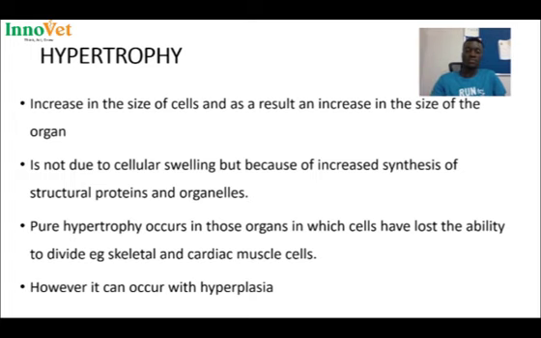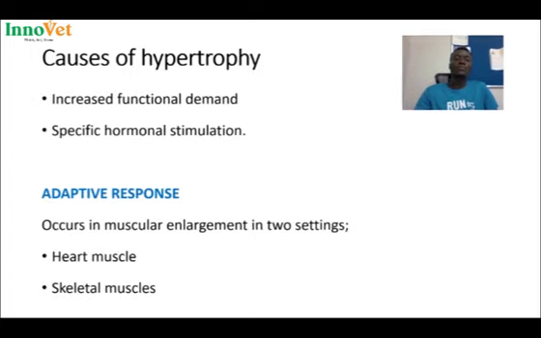So, what are the causes of hypertrophy? The causes are basically increased functional demand and also specific hormonal stimulation, as we shall be seeing down there, explaining those ones.